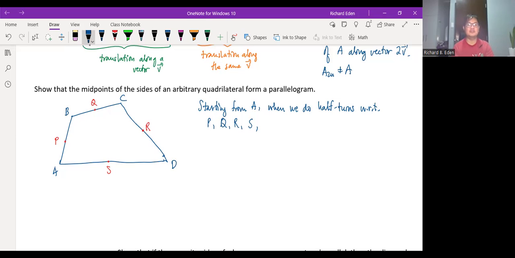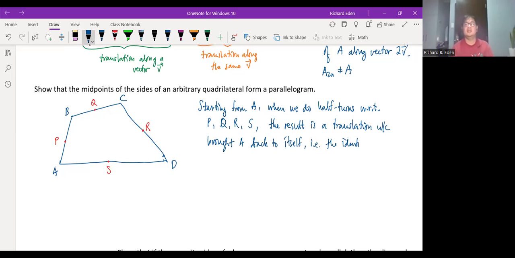So when you do 4 half turns, the result is a translation which brought A back to itself. So i.e., the identity translation. All right.